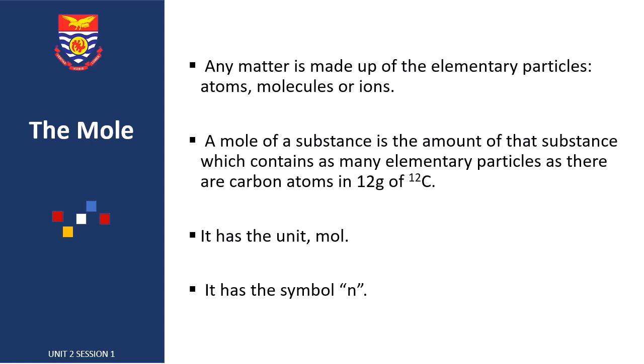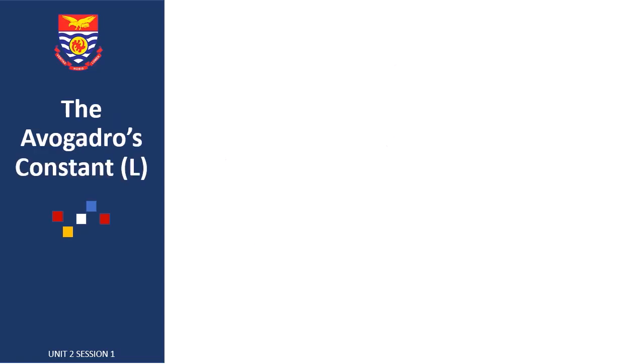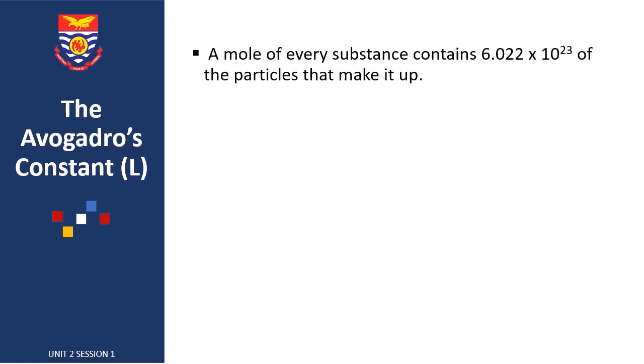Okay, so let's proceed. We said that the number of particles present in 12 grams of carbon 12 was pegged at a certain number. What is that number? That number is what we are referring to as the Avogadro's constant or number. It was pegged at 6.022 times 10 to the power 23.